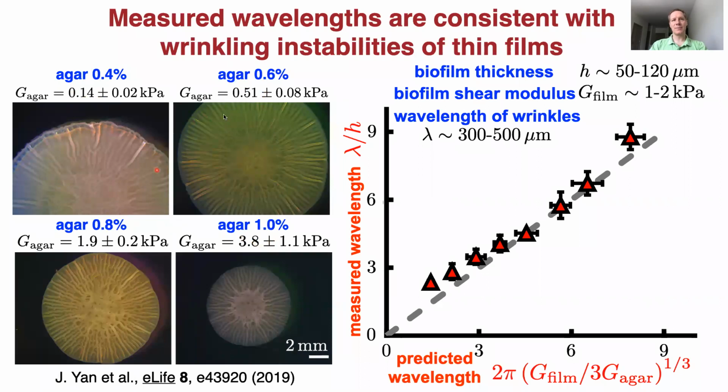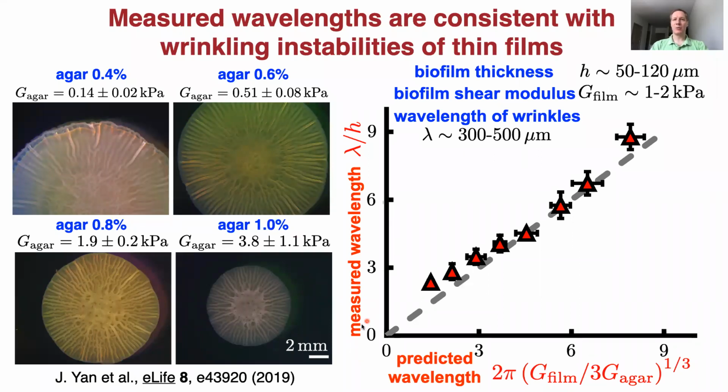So these are still quite soft compared to most other materials, right? And now what we did, we measured the wavelength from these images. And then we also measured the stiffness of the film and the stiffness of the substrate. And we also measured the thickness of the film.